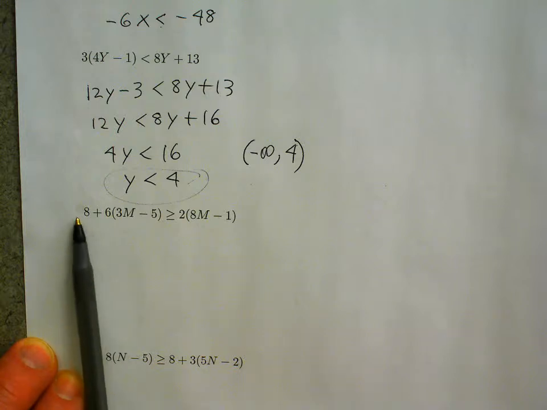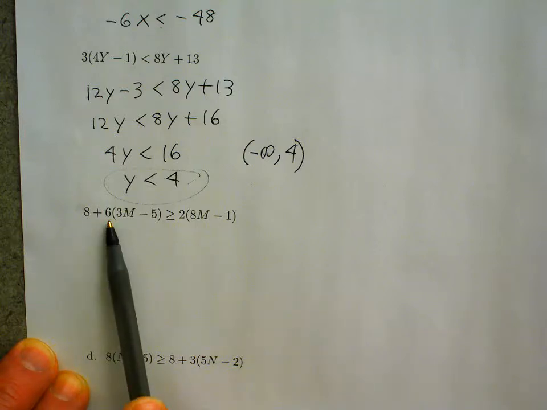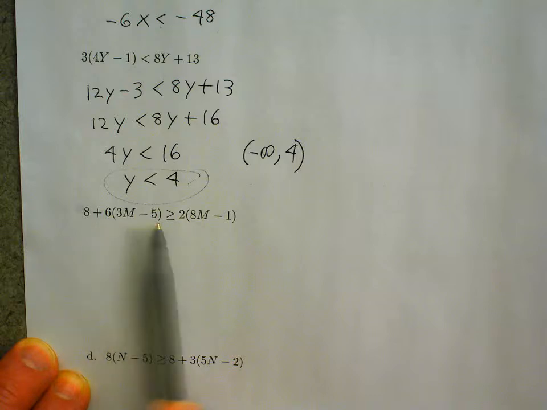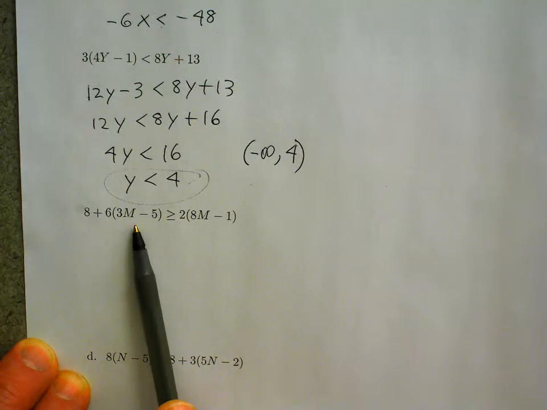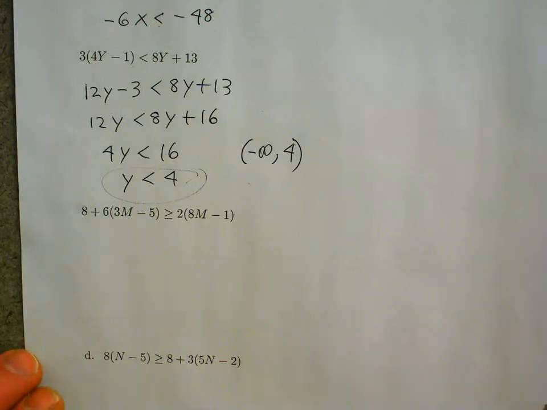So if we add 8 and 6 first, that is incorrect. We first must multiply 6 times the quantity 3m minus 5. I know it's not easy to give an incorrect answer, but sometimes it's important that we get those things cleared up. So thanks for offering that suggestion.